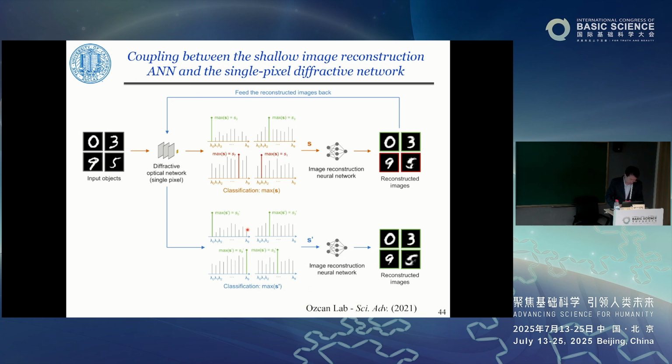Conversely, in spectrally encoded single-pixel machine vision systems, diffractive networks act as optical encoders that compress the optical object information into spectral signatures, which are then digitally decoded using electronic neural networks.